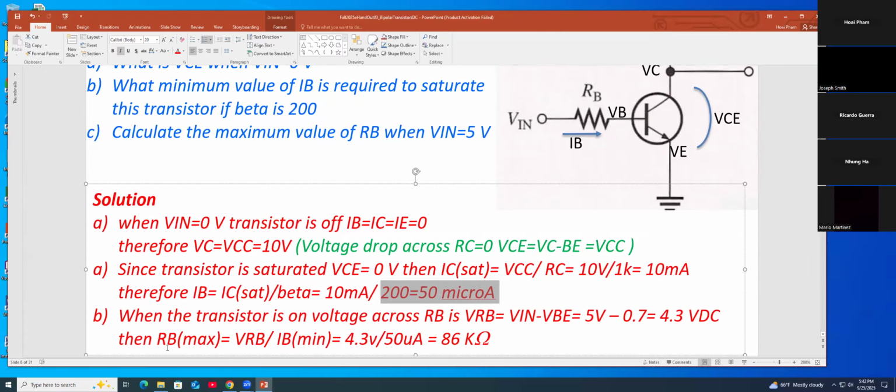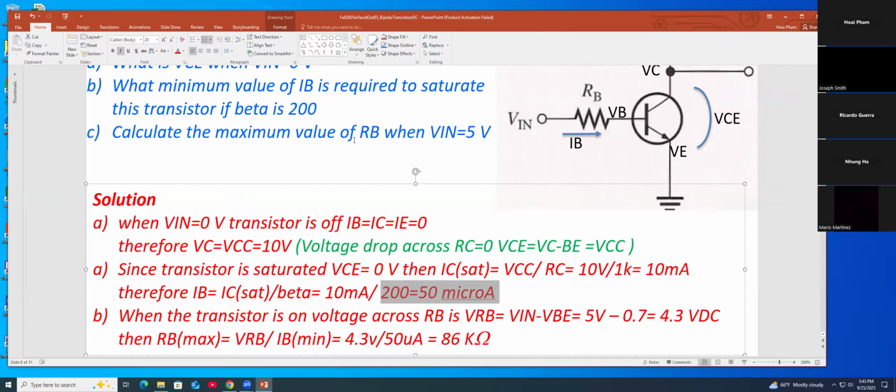Then RB maximum equals VRB divided by IB minimum. IB minimum we already calculated as 50 microamp. So that's telling you 86K.